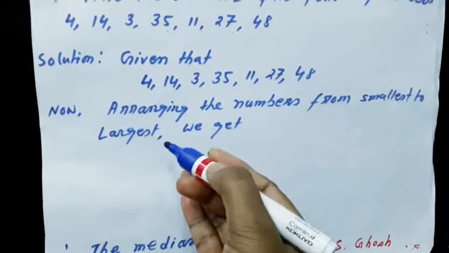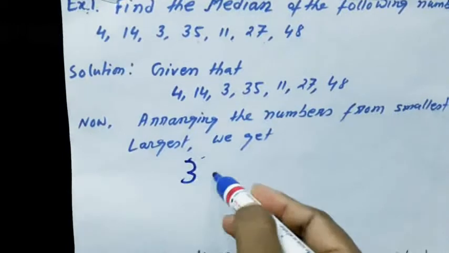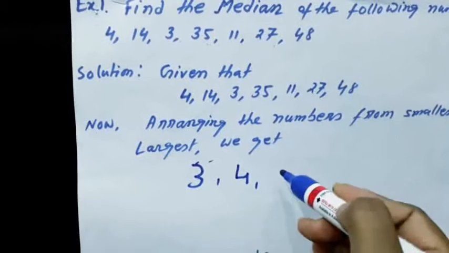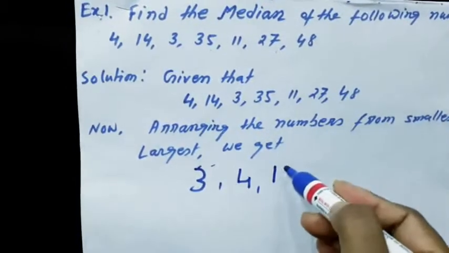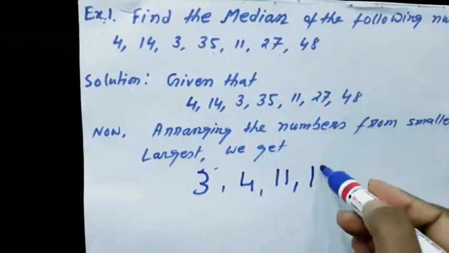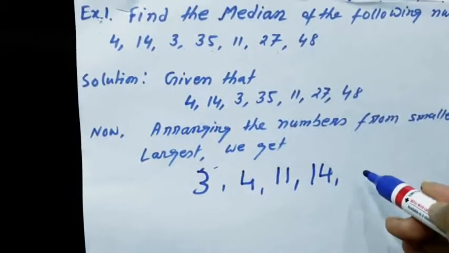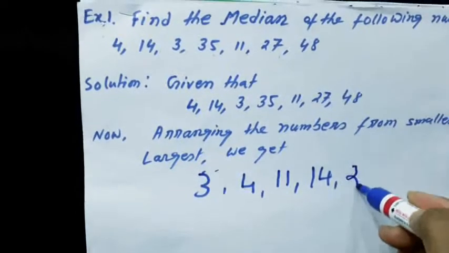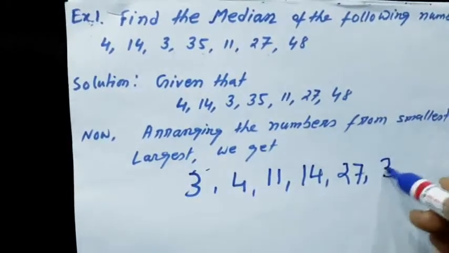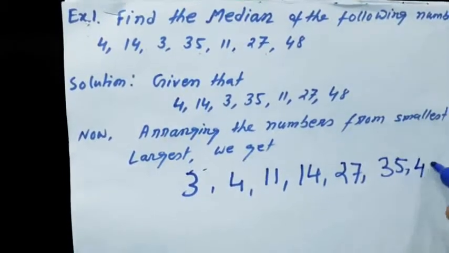What is the smallest number here? It's 3. Then 3, then 4, then 11, then 14, then 27, then 35, then lastly we get 48.